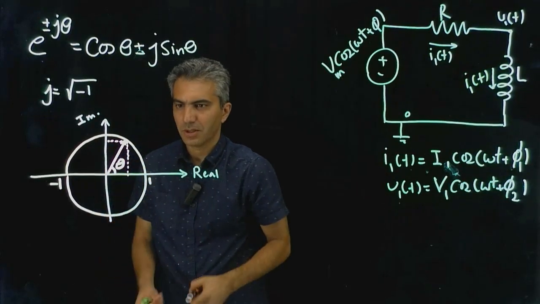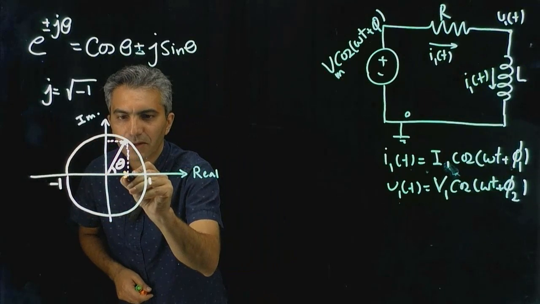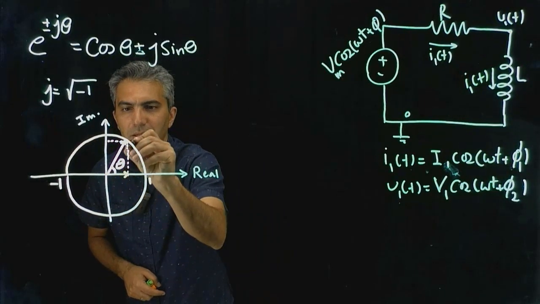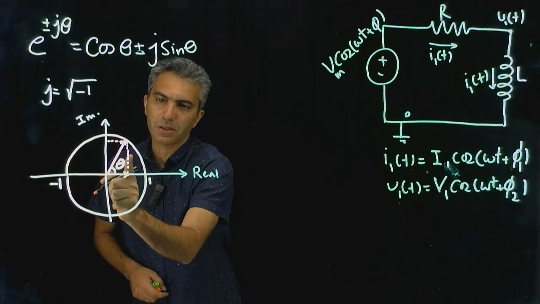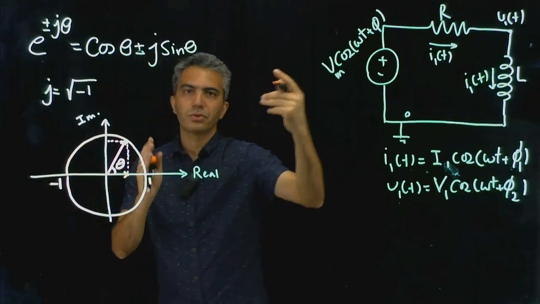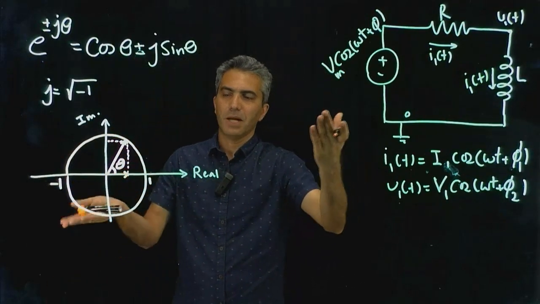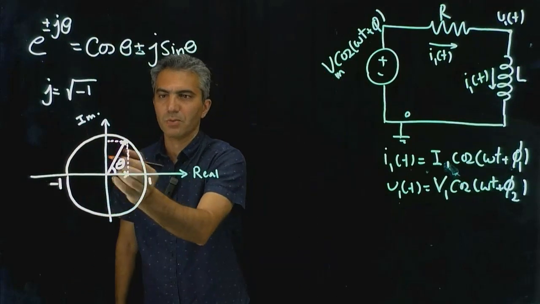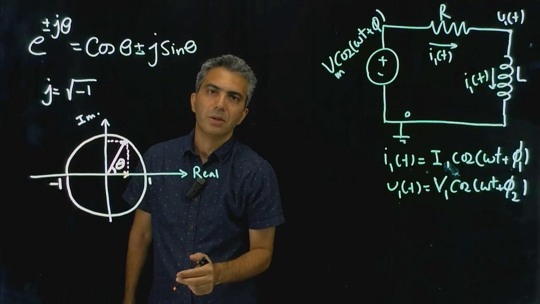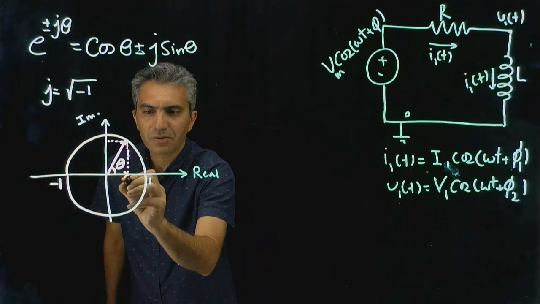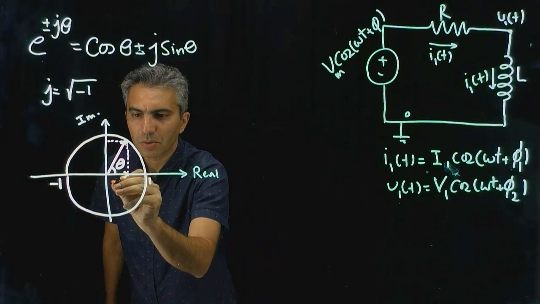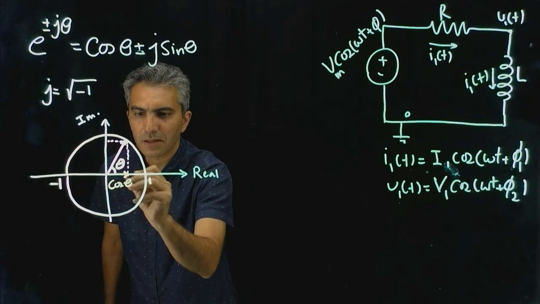The magnitude of this vector, we know, is 1, because it's moving on a circle with the radius of 1. So this vector on the real part would be cosine of theta.